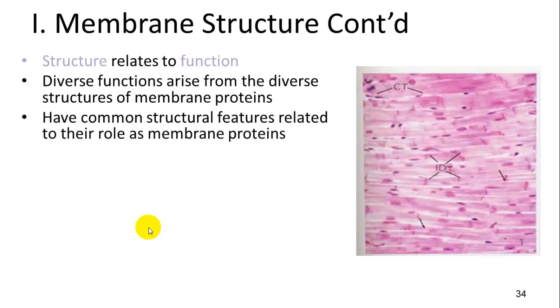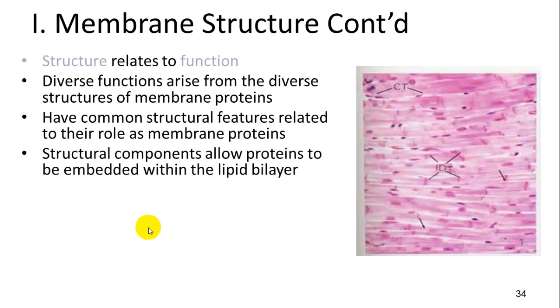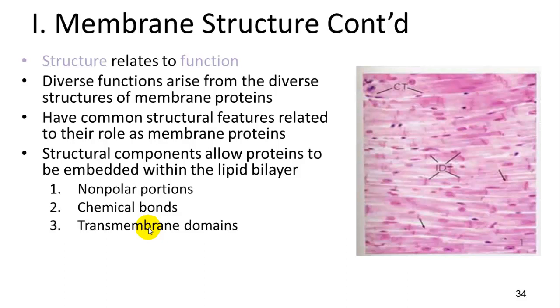These structural components can be generalized, and common features can be attributed to those functions. And some of these, which are important to their function, include nonpolar portions, like I mentioned before, chemical bonds made within them, transmembrane domains, and making pores in the membrane as well.